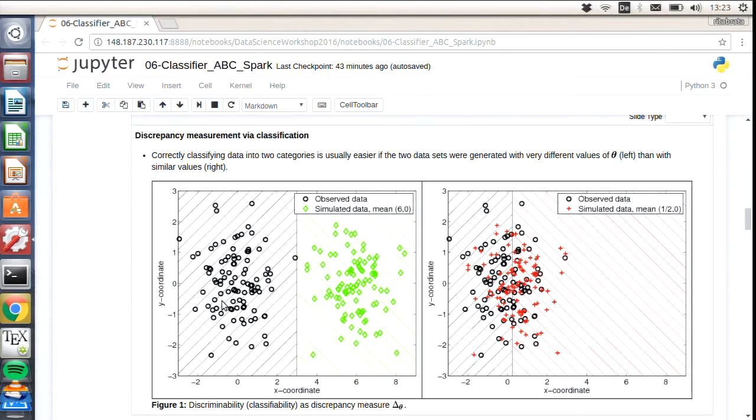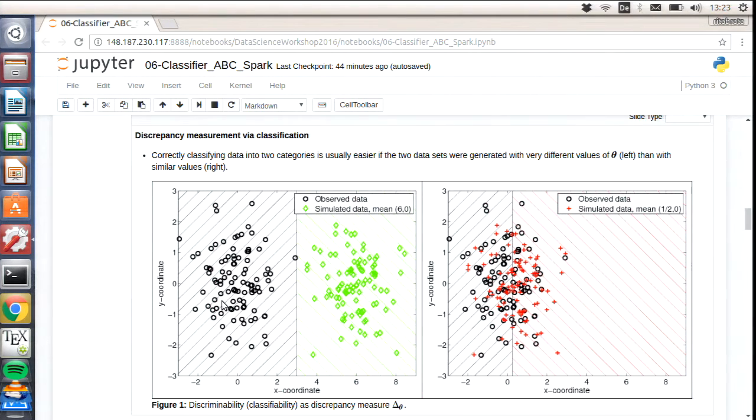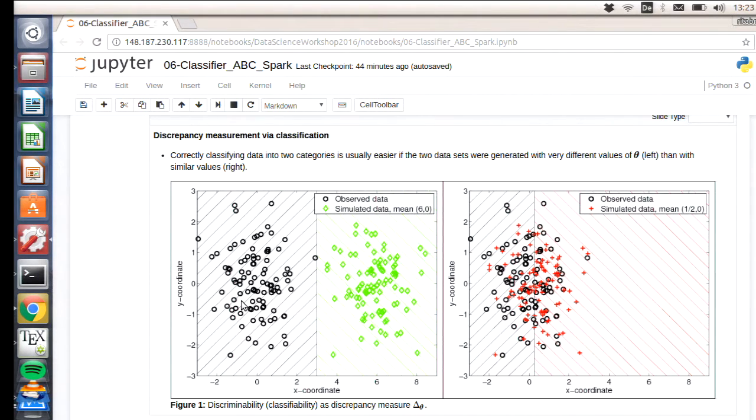The black one is our observed data set, where the mean was 0. Then we took mean 6 and simulated the green data set. Because they are so dissimilar, you can easily classify them, as you can just create a line, and the classification task is very easy. So the classification accuracy will be very high.